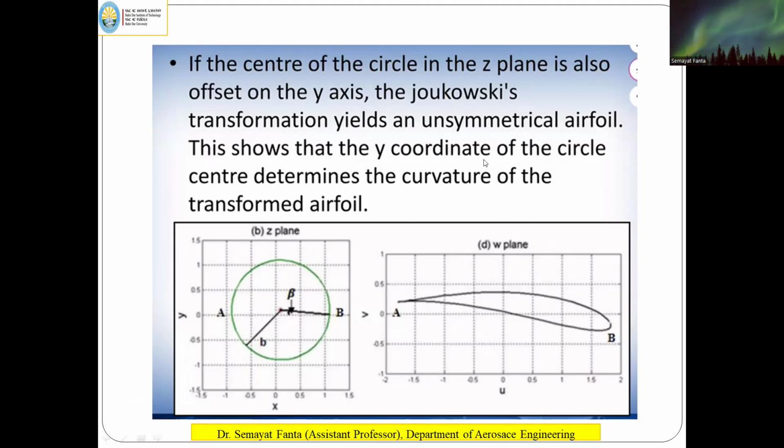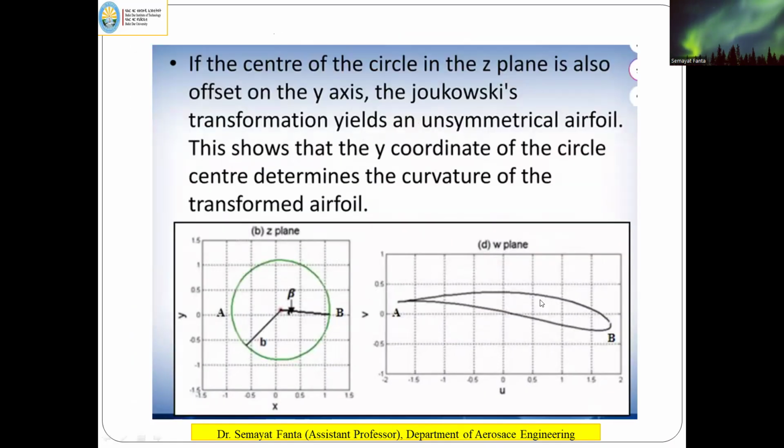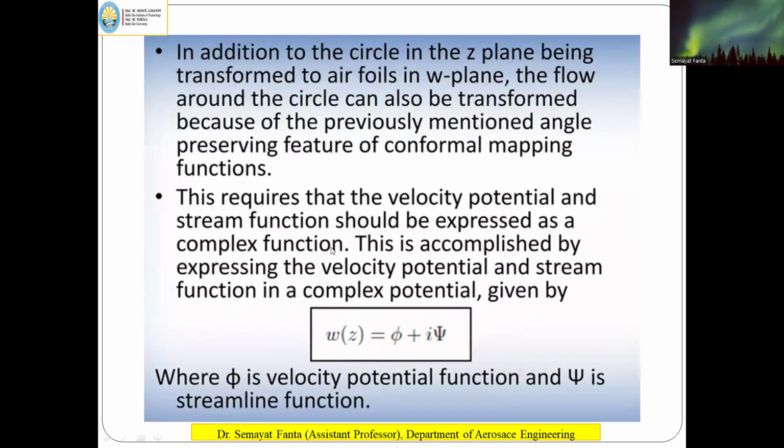This shows that the y-coordinate of the circle center determines the curvature of the transformed aerofoil. So we can find this kind of aerofoil, which is curved. Initially this one is a symmetric aerofoil, but this is a curved aerofoil. This is because of the y center offset.